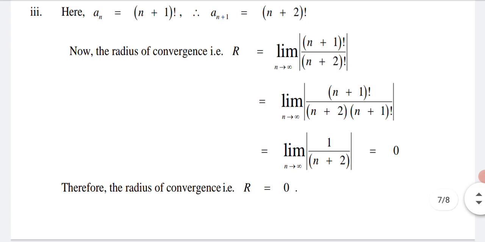But n plus 2 factorial can be written as n plus 2 into n plus 1 factorial. The n plus 1 factorial cancels, giving 1 by n plus 2 as n tends to infinity. As n tends to infinity, 1 by n plus 2 tends to 0. Therefore, the radius of convergence, that is r, equals 0.